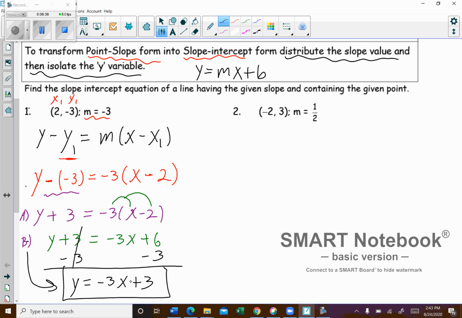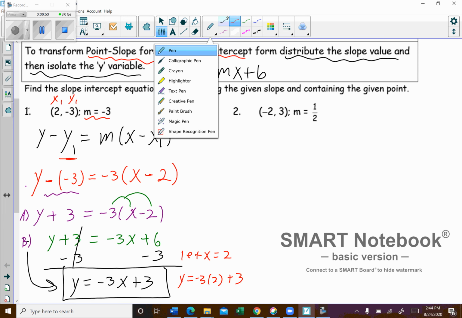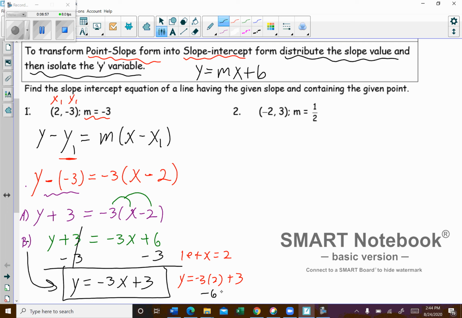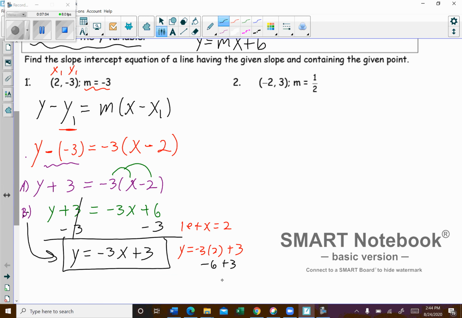And this is it. And we could check it if you want. So if you were to let x equal 2, if we were to plug in 2 right here, we'd have y equals negative 3 times 2 plus 3. And so let's see, negative 3 times 2 is negative 6. Negative 6 plus 3 would give you a negative 3, which is what we're supposed to get for the y value.